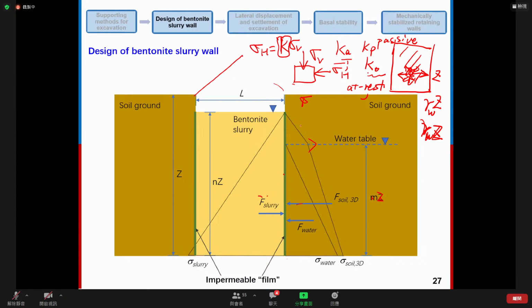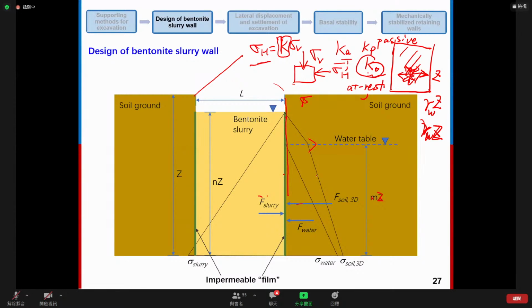For example, if we consider a 2D plane strain condition, and there's no movement of this part of the soil, we prefer to use K0 to calculate the horizontal stress.